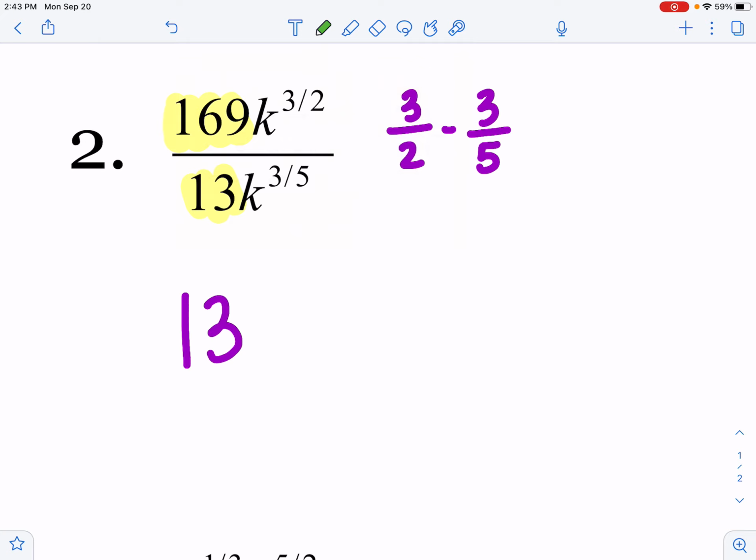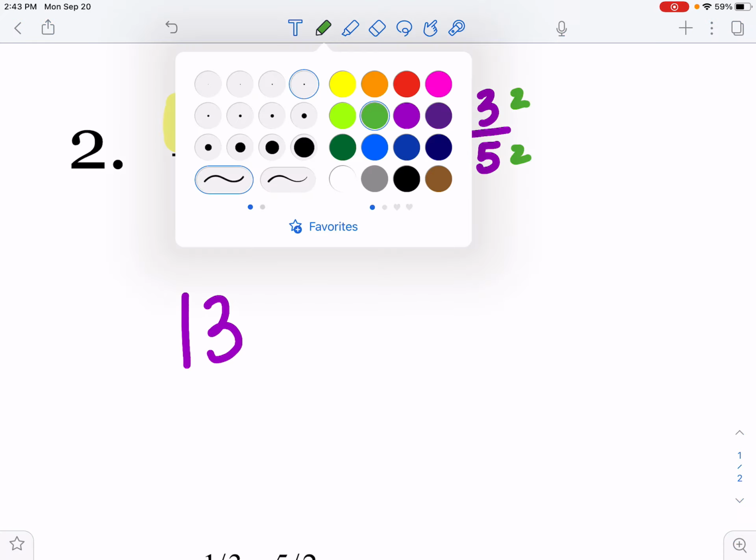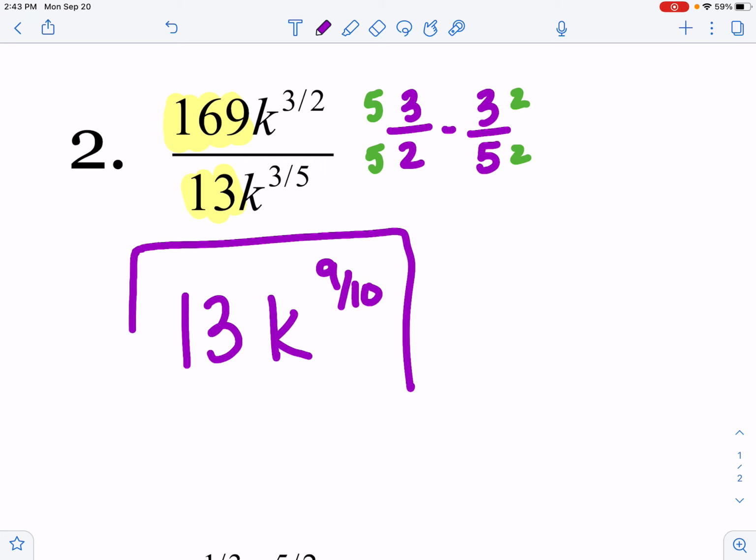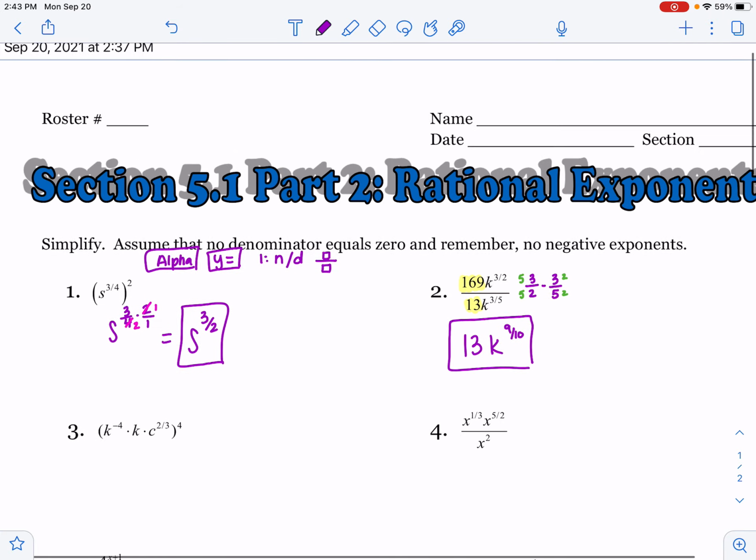If you don't want to be too reliant on that calculator, you can get your common denominators and do it by hand. I'm going to end up with 15/10 minus 6/10, which is going to give me 9/10. No negative exponents, no zeros in my denominator, so question number 2 is complete.